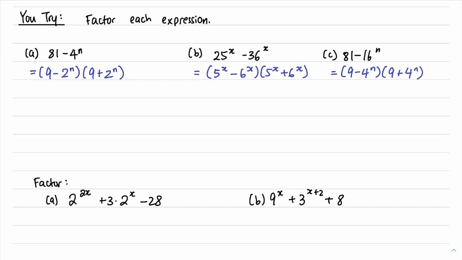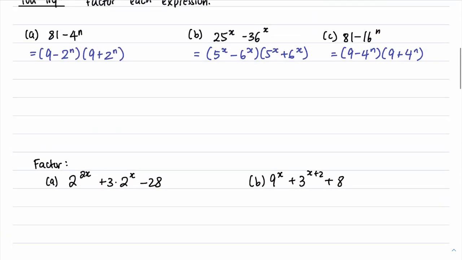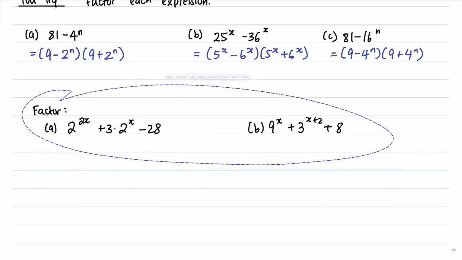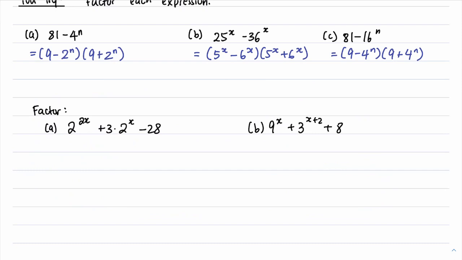All right, these next two are a little bit trickier. So what we can do for A is let a equal 2 to the power of x. So that's my repeated base that I'm seeing here. And so that expression becomes a squared plus 3a minus 28.